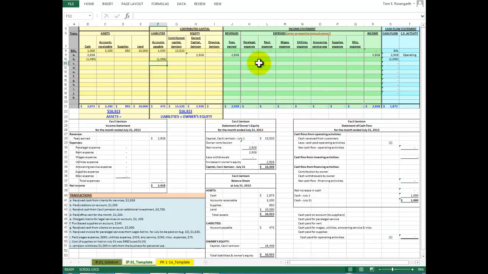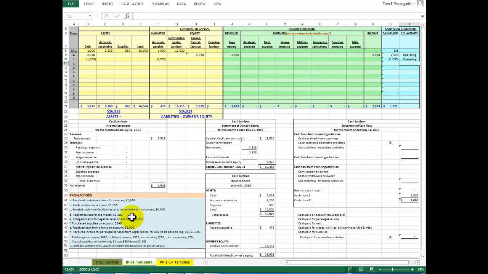No revenues or expenses were incurred, so no entry goes to the income statement, but because cash decreased, we will show an outflow, a negative amount, in the statement of cash flow. Paying creditors represents an operating activity, so label this amount operating.